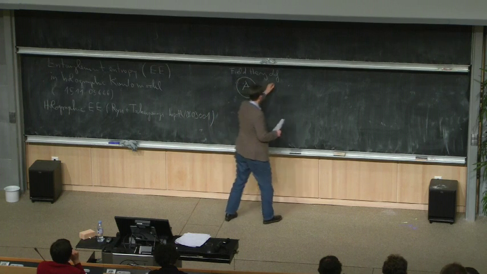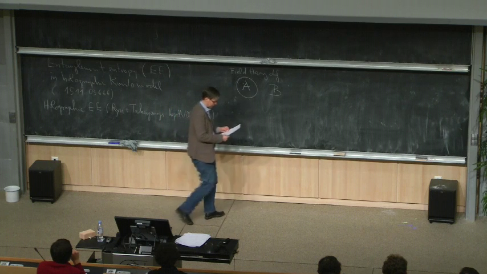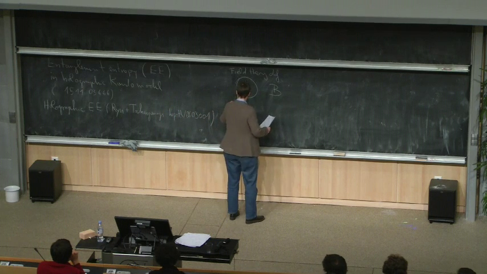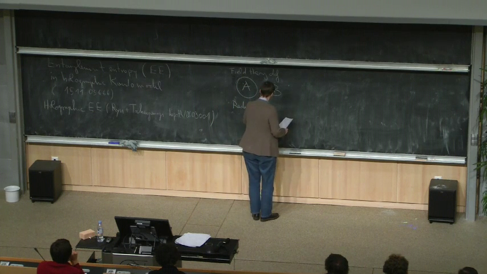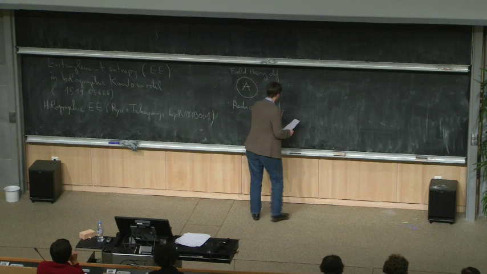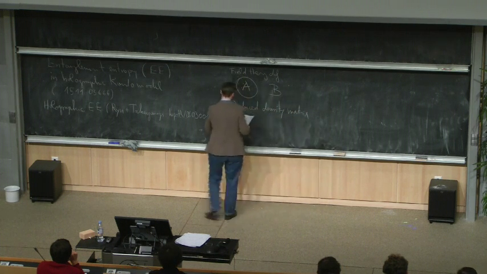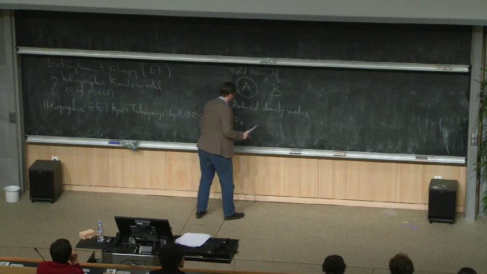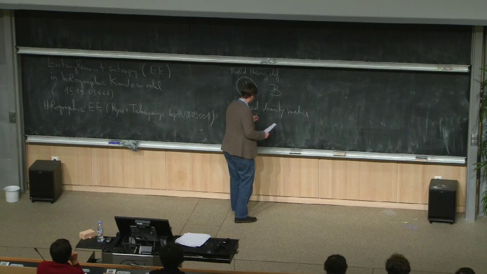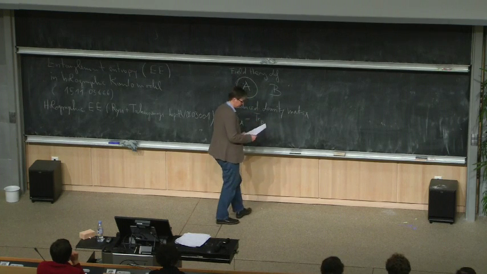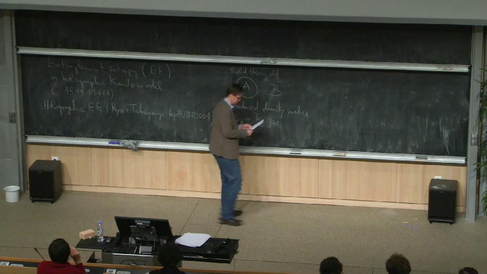This is region A, and the complement of it is region B. Then we define a so-called reduced density matrix associated to the region A, obtained by tracing over the states in region B of the total density matrix.